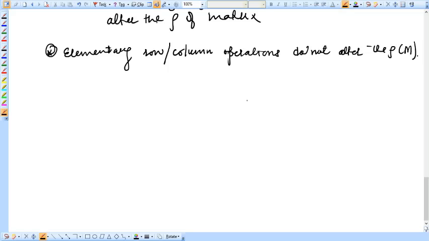Now I would like to tell you about the equivalent matrix. What is an equivalent matrix?